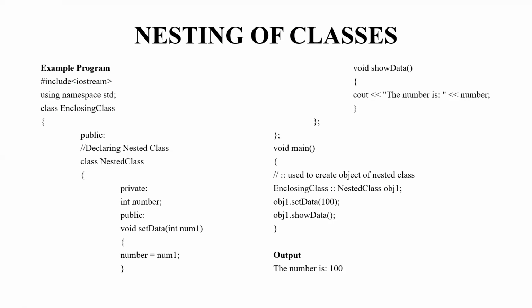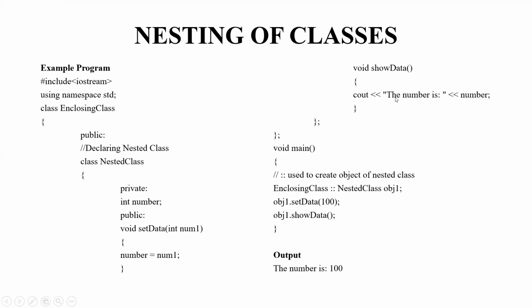Nesting of classes example: the class name is enclosing class, the outer class, and we have public data, that is, the inner class named nested class. It contains a private number and a set data method as public. And we are setting the number here in this set data method.